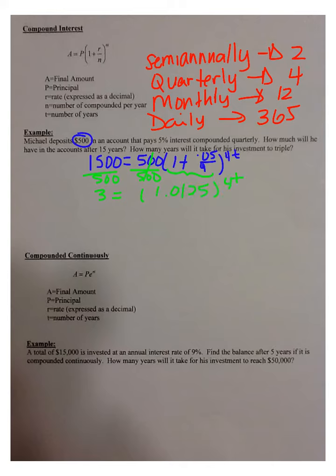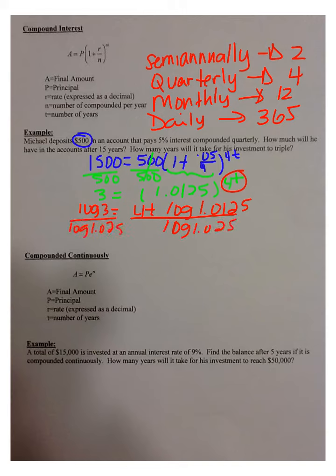Now I'm going to log both sides, so it's log 3 equals, this is going to go in front of the log, 4t log 1.0125. Divide both sides by log 1.0125. So 4t equals log 3 divided by log 1.0125.